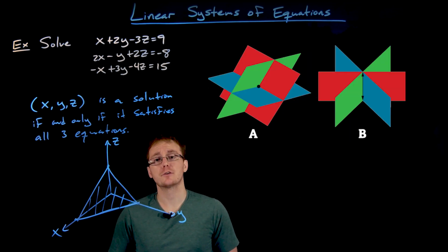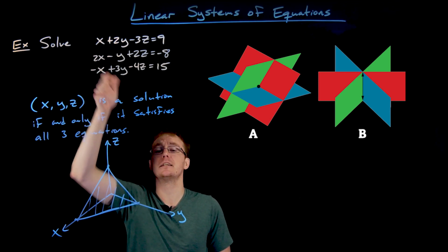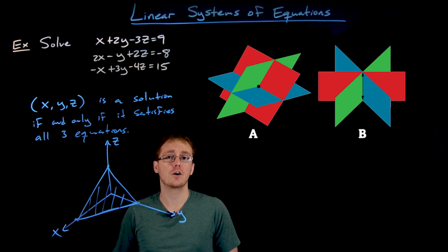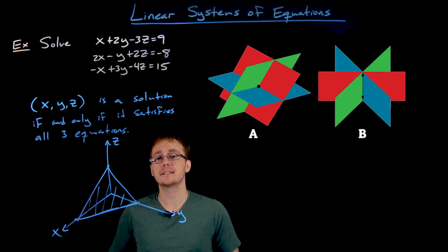So in these figures from our OpenStax textbooks, we have 3 planes colored green, red, and blue, corresponding to the 3 equations in our linear system of 3 variables. And in figure A, we can see the best case scenario where our 3 planes intersect each other to form a single point or meet at a single point.